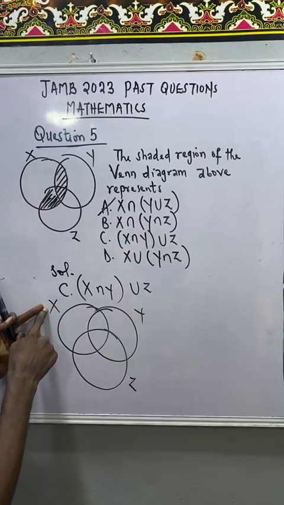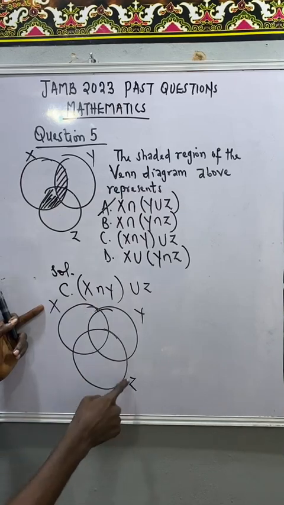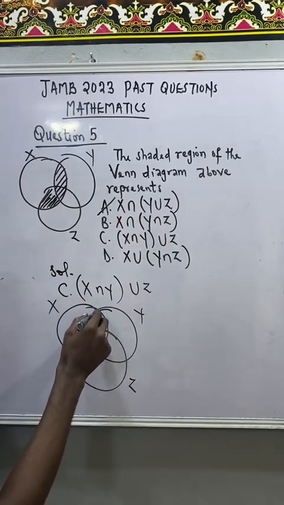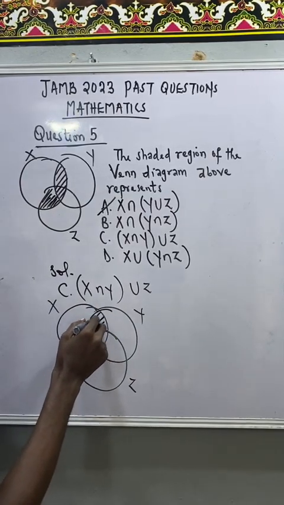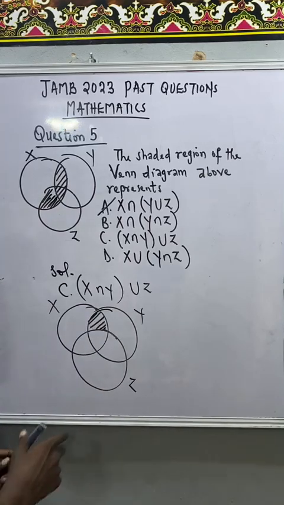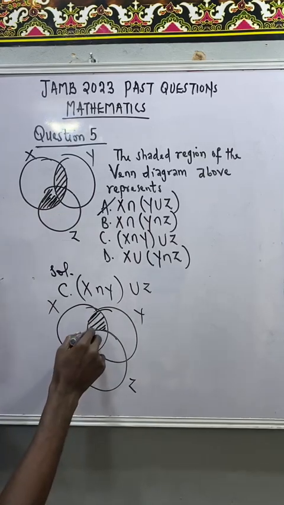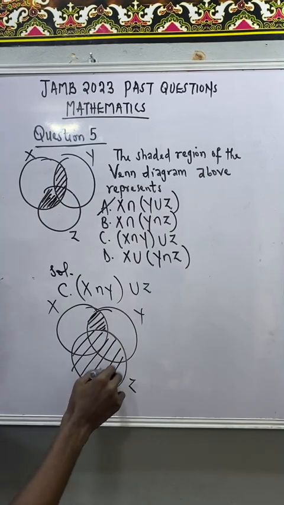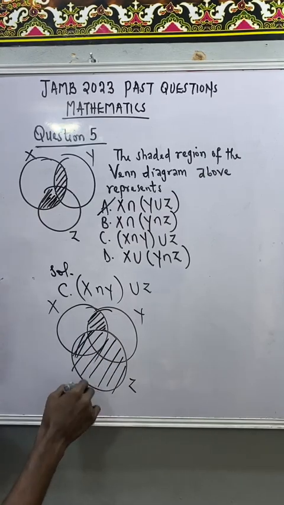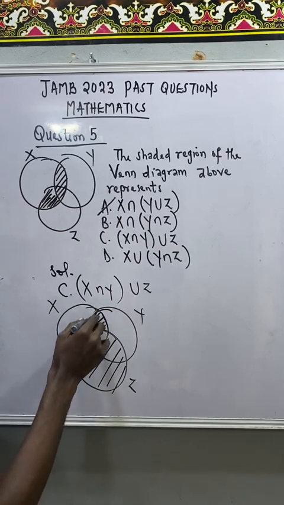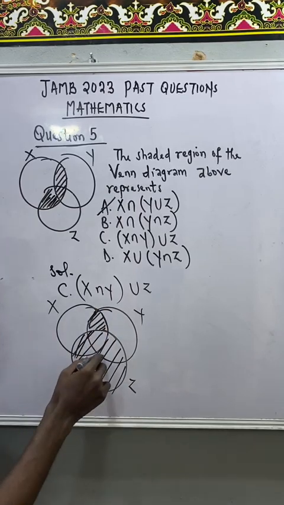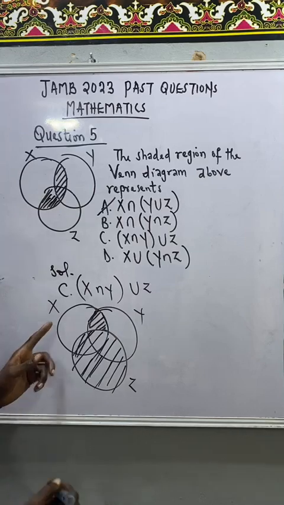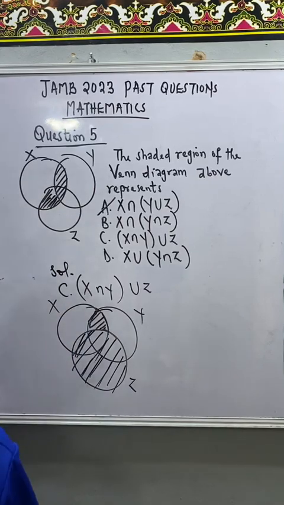This is where both X and Y intersect. But they now said union Z. That means we have to shade it together with the whole of Z. So this shaded region represents X intersection Y union Z.